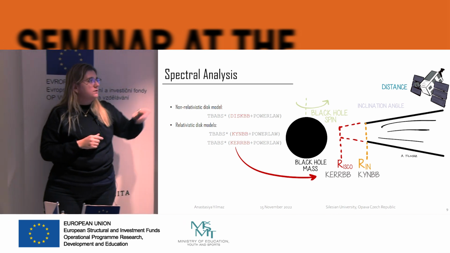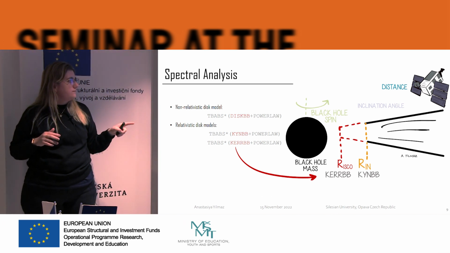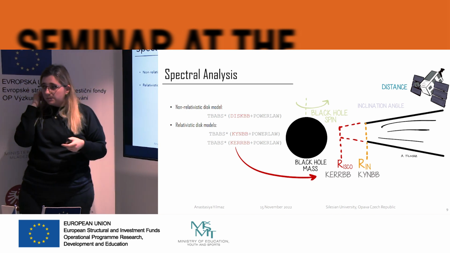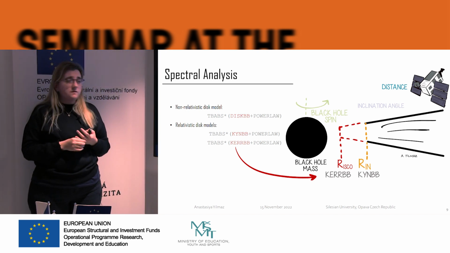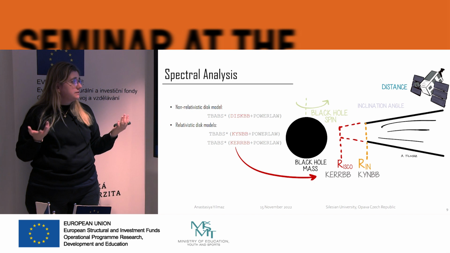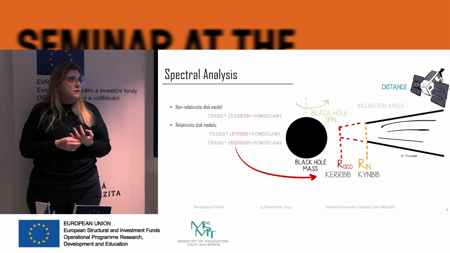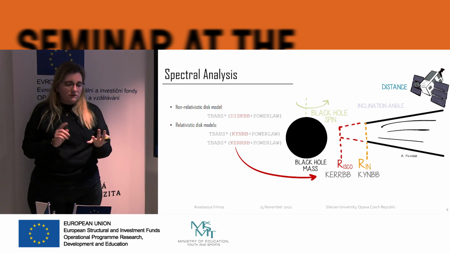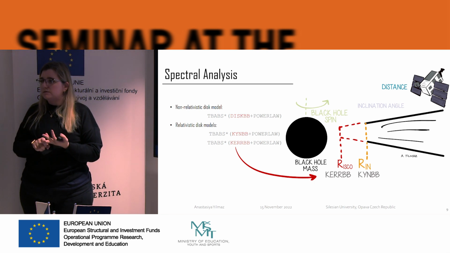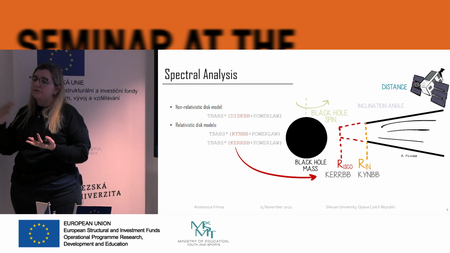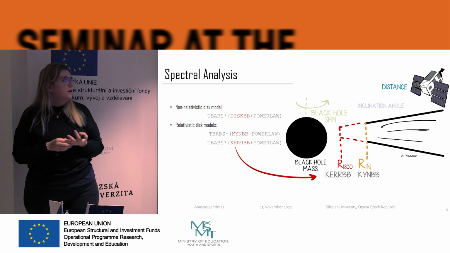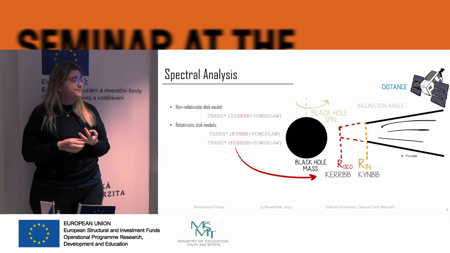The non-relativistic disk model, which I'm sure some of you are familiar with, is the diskBB model. It's a very simplistic Shakura-Sunyaev disk, and it only has two parameters, the disk temperature and the normalization, which can also be interpreted as the inner edge of the accretion disk if you know the inclination angle well.